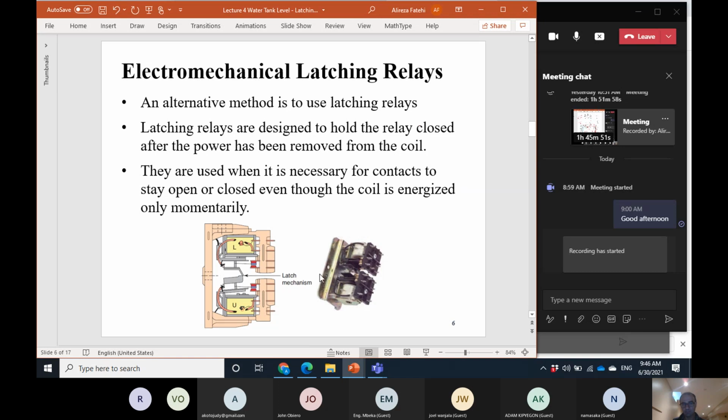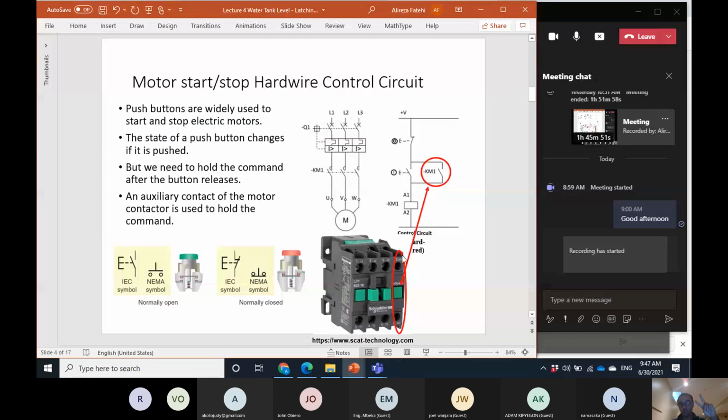In fact, this is just a photo. We are not going to go into the detail on the mechanics of that, just the shape of that. But as a general structure, maybe you have already worked with them. This contactor has two coils. This contactor has just one coil.